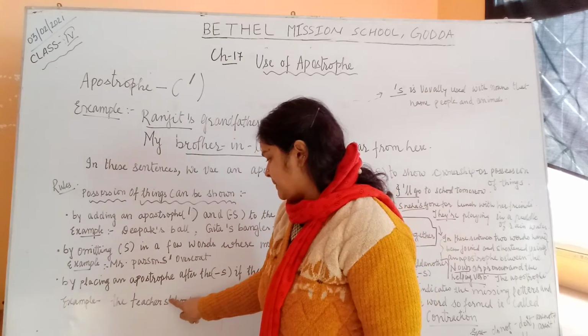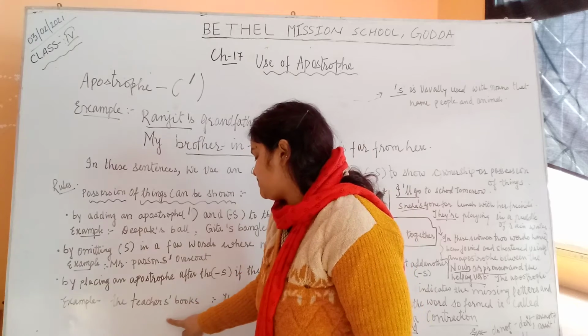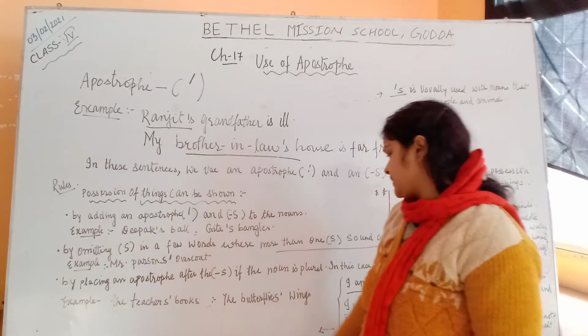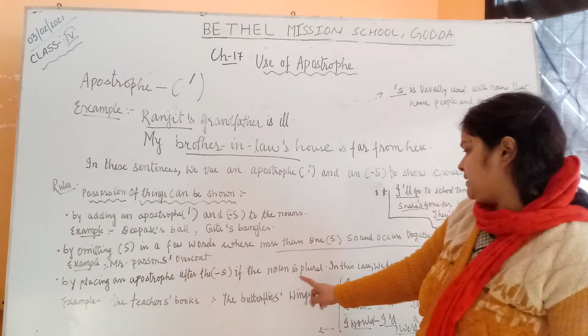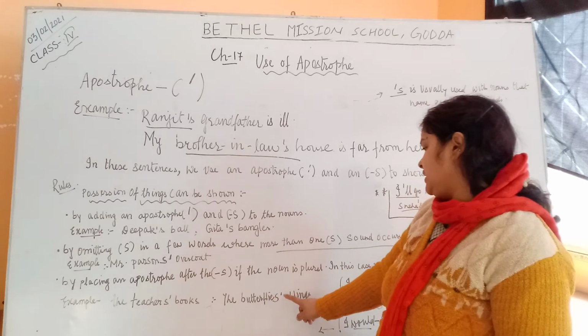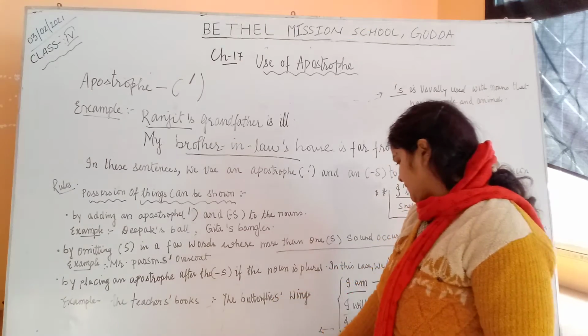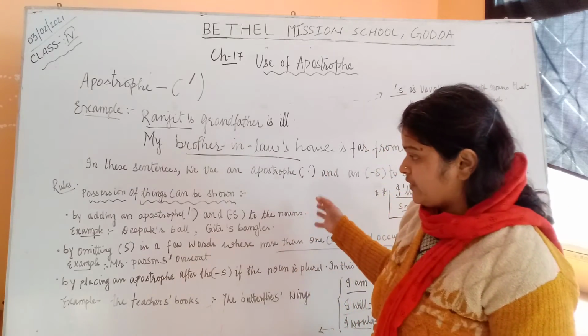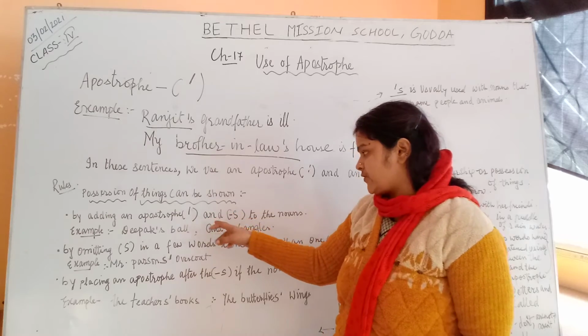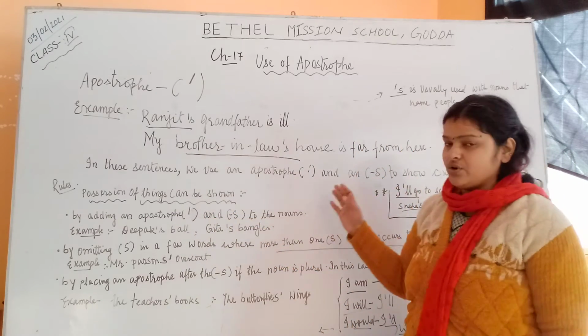Here only an apostrophe is added, and teachers' books means this is a plural noun. Butterflies' wings. Again the noun is plural and we have omitted the S and only the apostrophe mark is given. So these are three rules which we always use to decide where to add S and where not to add S.